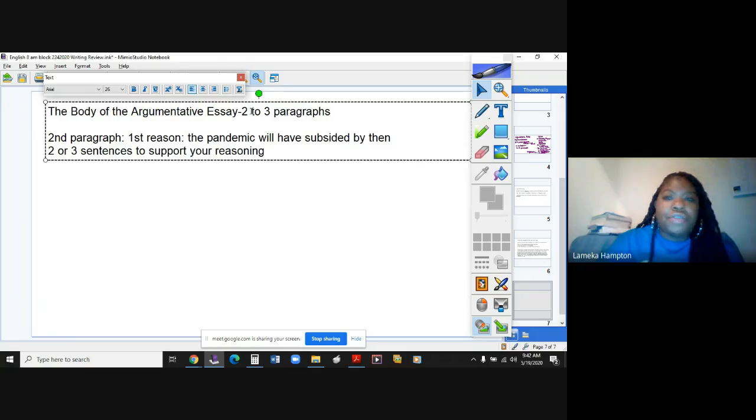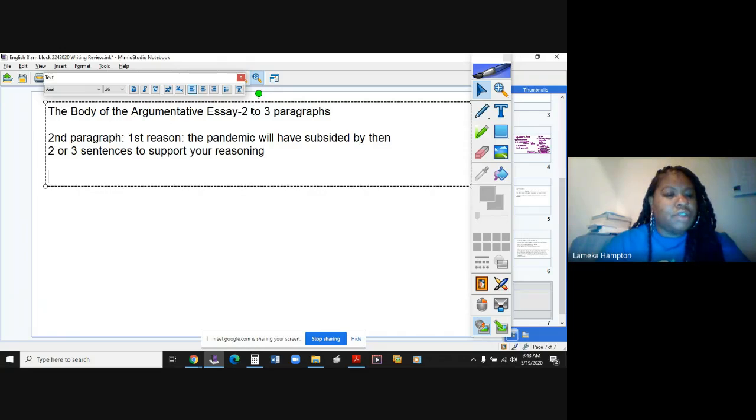Okay, so whatever those reasons could be, the reason why is according to the news outlets, blah blah blah, or according to blah blah blah. So it's really whatever proof that you actually have, because remember, the goal of an argumentative essay is to prove what it is that you're writing, and you want the reader to agree with you. Okay.